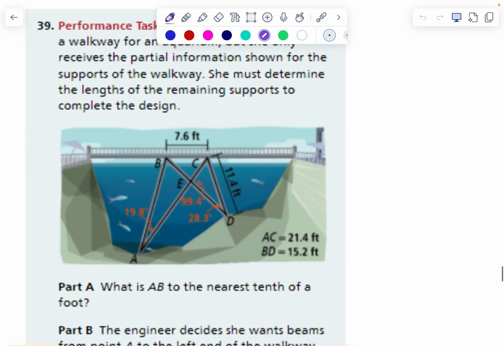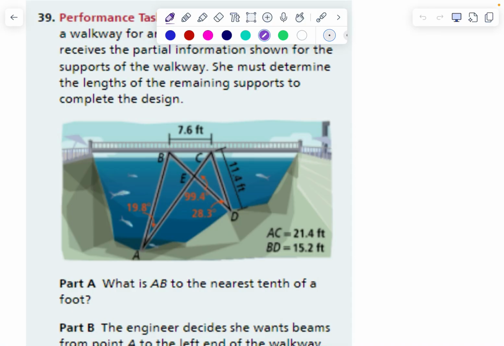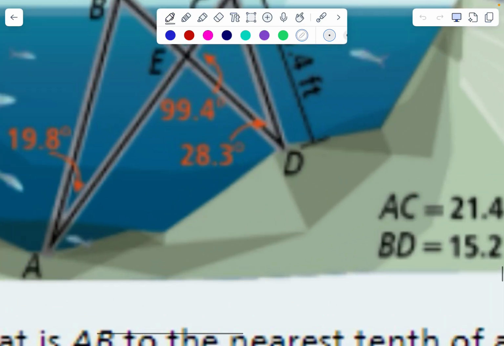Okay, there's your picture. You can see part A says what is AB, so this length here. So again, think through that algorithm, that flow chart. Which strategy would you use to solve for AB? Don't shout it out. We'll say here in just a second. By the way, I know this is hard to read.